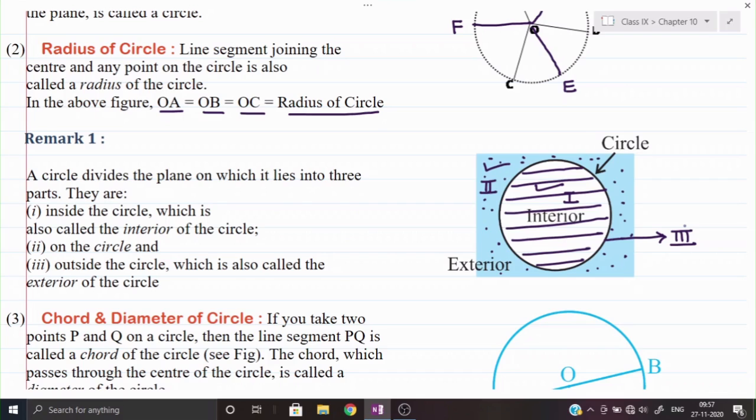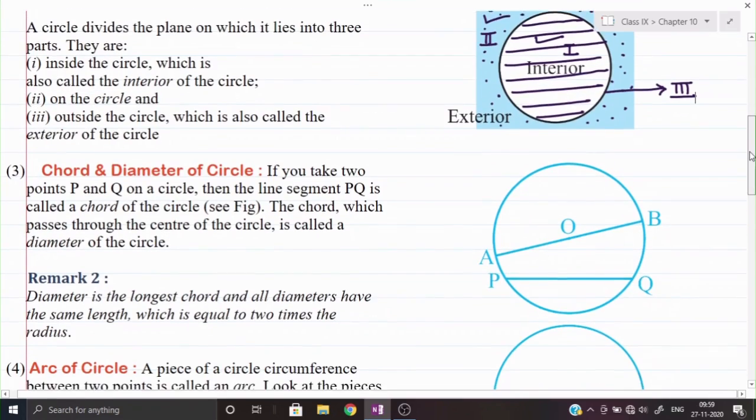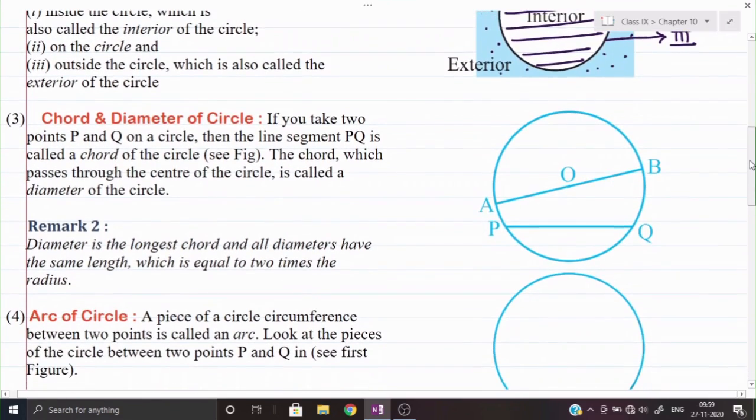Now let us start the third definition, that is chord and diameter of the circle. So what exactly are chord and diameter? First of all, we shall define the chord. Suppose I take two points on the circumference of the circle, point P and point Q. You can see in the figure that both P and Q are on the circumference of the circle.